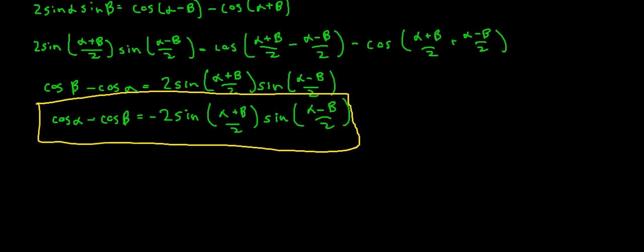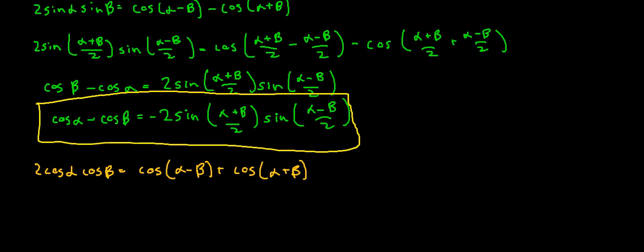I'll do it in this color. So this one is going to be cosine. Difference was it was a plus instead. So plus cosine alpha plus beta.